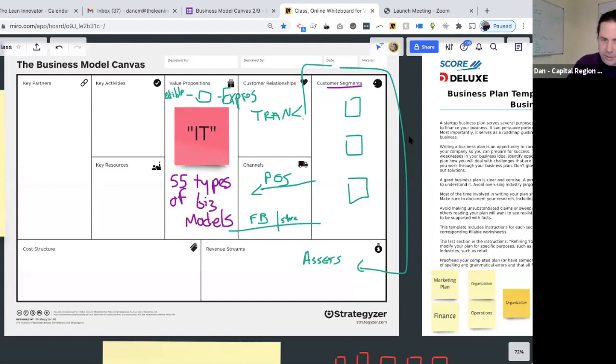Now, the key resources that we have: we have the equipment, we have the ingredients, and we have packaging, and of course the store, and all the accoutrements that go with that. And then the things that we do over and over again are baking, selling, packaging, that kind of thing.